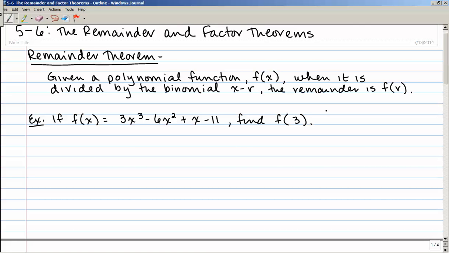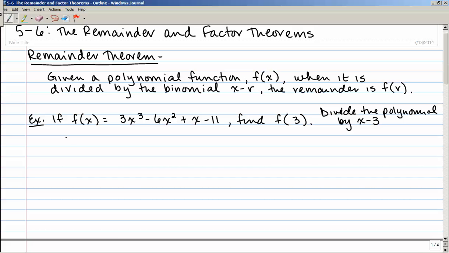So I'm going to divide the polynomial by x minus 3. Now, why a negative 3? It's not really a negative 3 because the form says x minus r. In this case, my r is 3, so I'm going to do x minus 3.